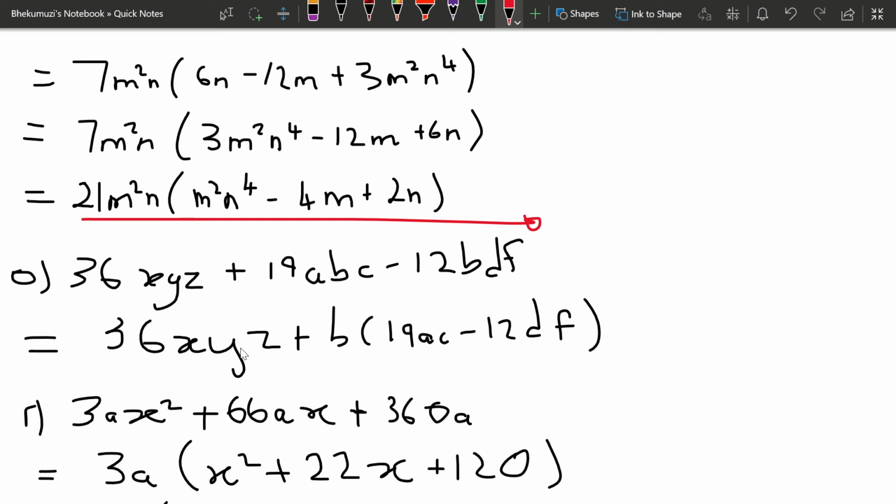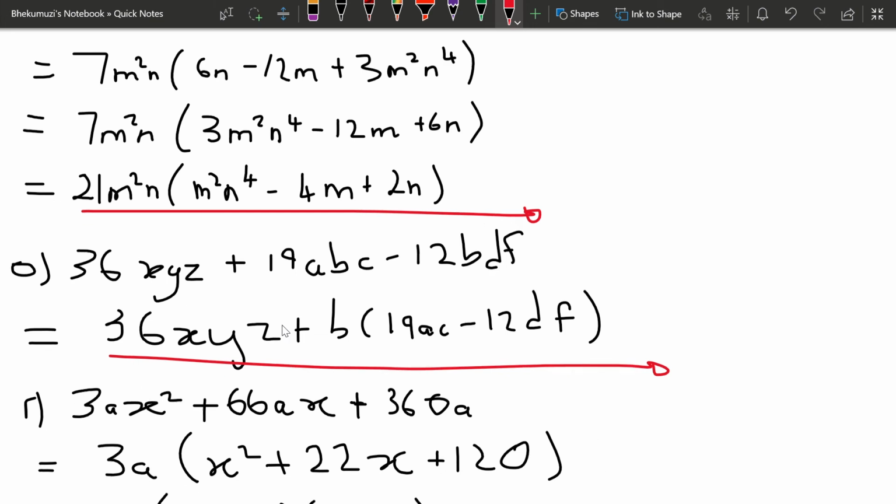But with abc, there is something common between b, d, f, which is b, right? So then you take out b, and then you'll be left with 19ac minus 12df, right? And you'd leave the first part alone. And that would be your answer, because there isn't anything else that you could have factorized meaningfully and found a different type of factorization, okay?